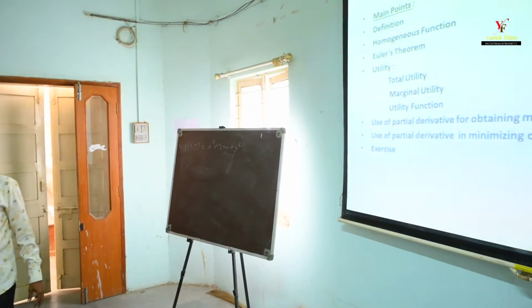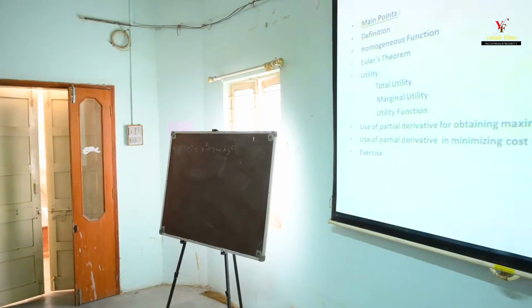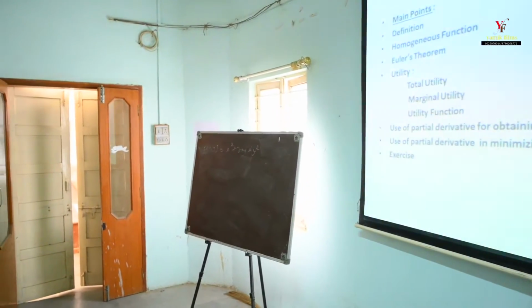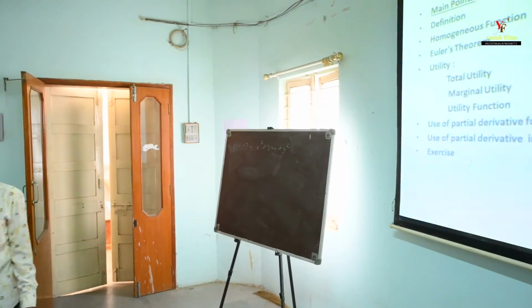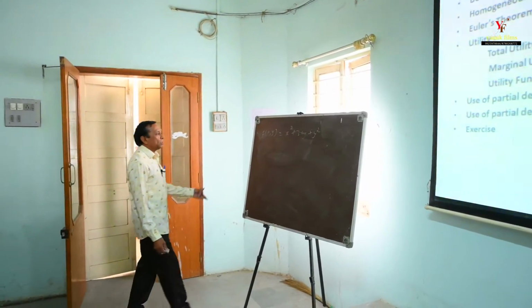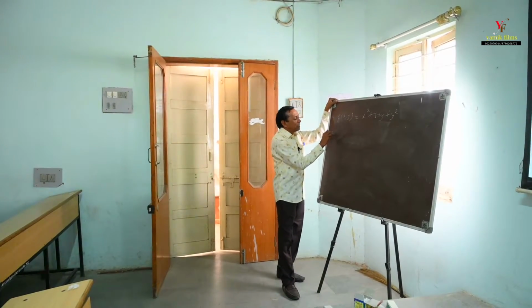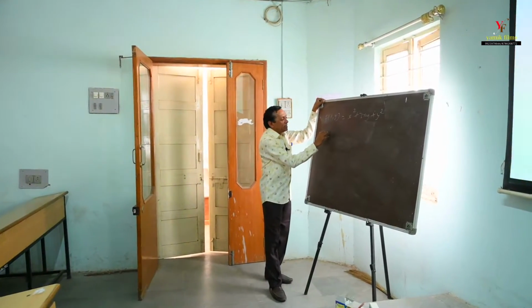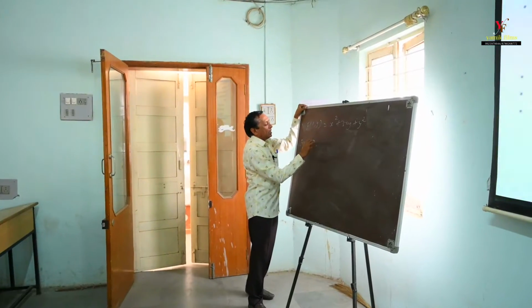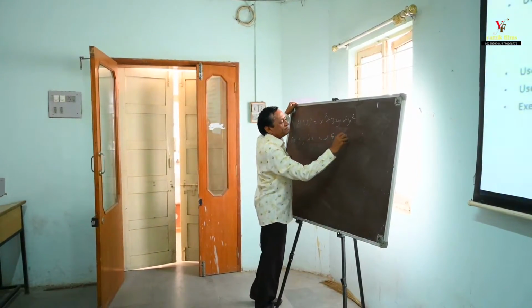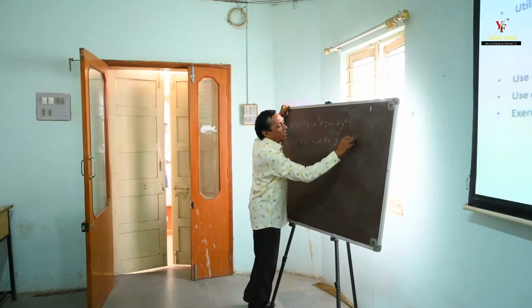Is this function homogeneous or not? To check, we put lambda x for x and lambda y for y.